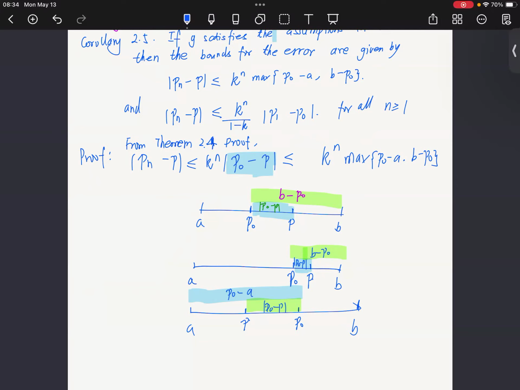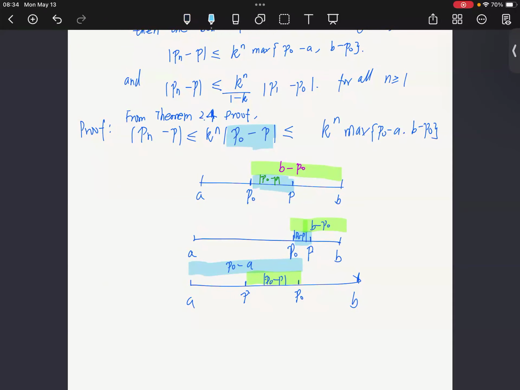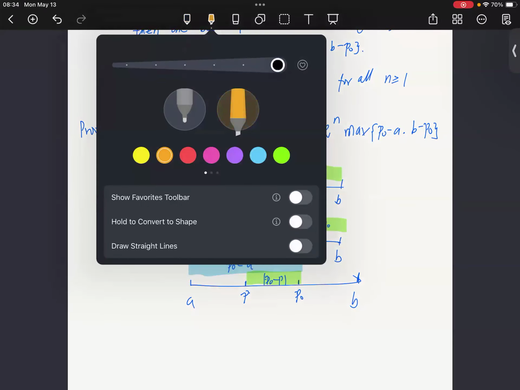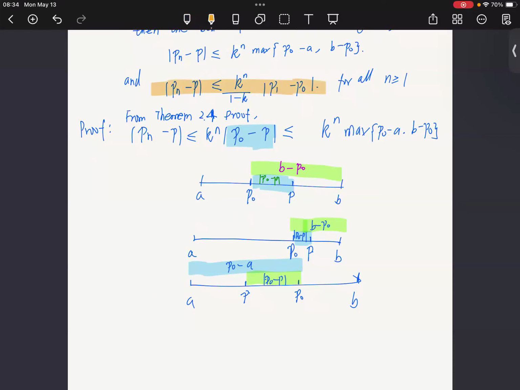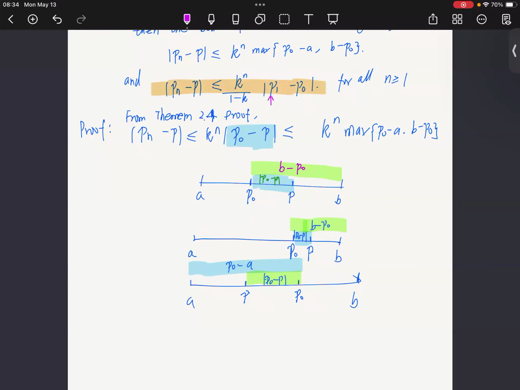Once again, we need the mean value theorem to help us prove the result we want. So next, we are focused on proving this result here. This one is the first iteration's result, and this one is the initial guess.